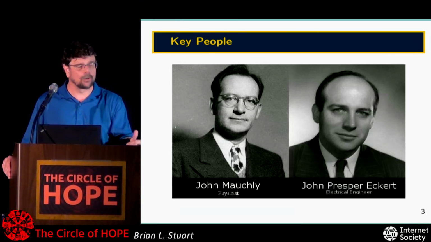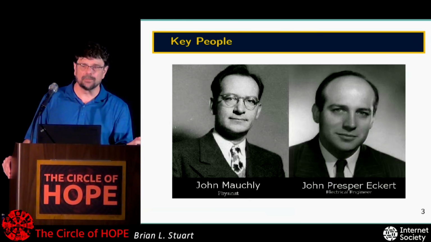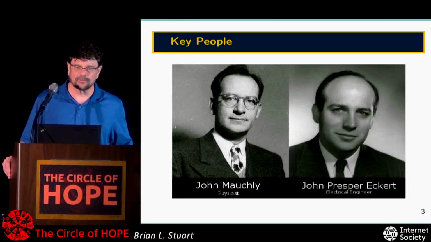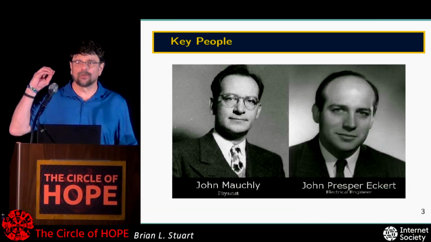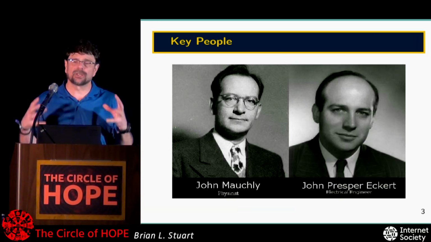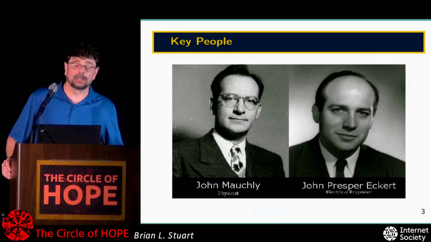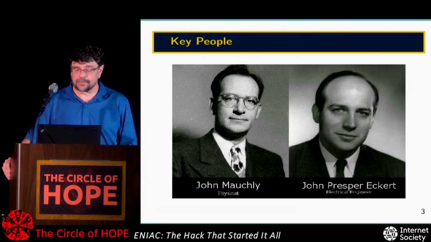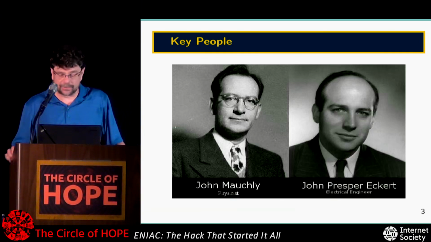He saw how computational machines needed to be constructed in order to solve the kinds of problems he was interested in. Eckert was an electronics genius. Together, they were able to create a machine that most people didn't think was possible. And so it's their leadership that led to the machine.